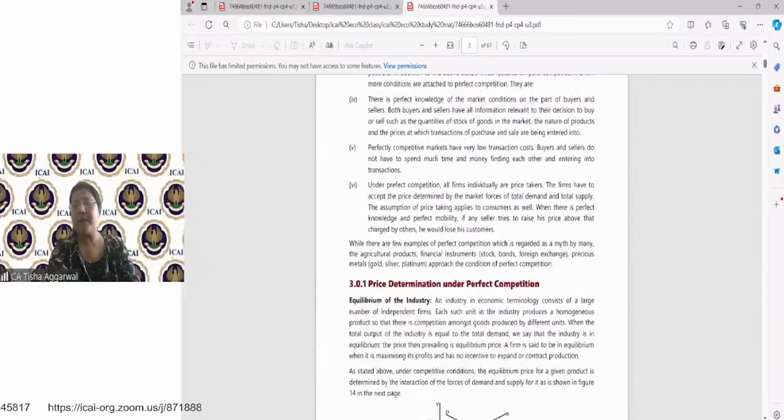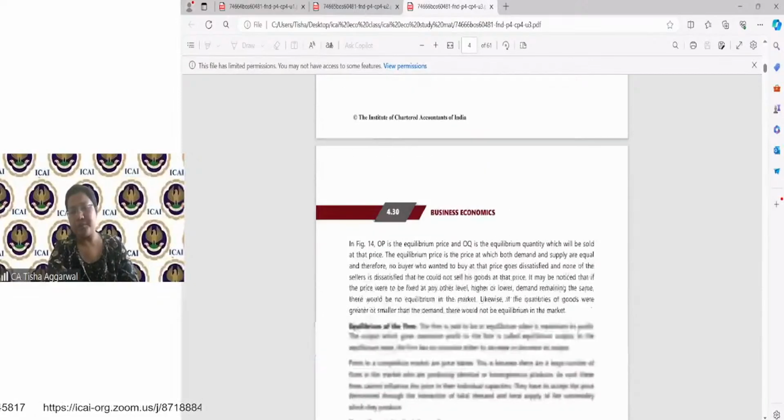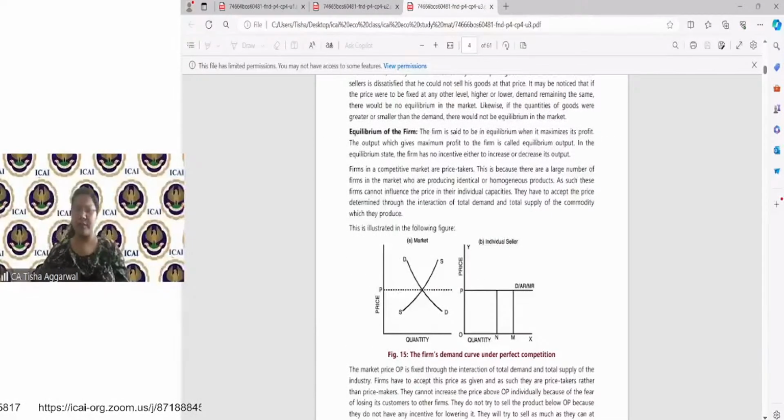Please understand, a market form is of various varieties. It is monopoly, monopolistic, oligopoly, duopoly, perfect competition. In very general parlance, perfect competition is the market form wherein there are many buyers, many sellers. When there are many buyers and many sellers, they intersect at any point.